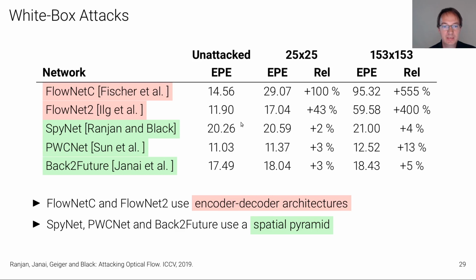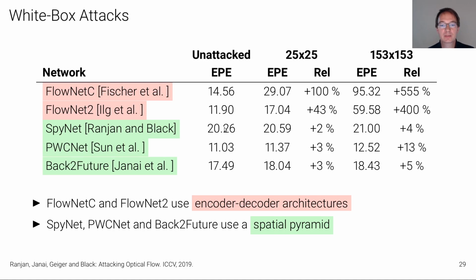But how well does the attack work? Here we see the quantitative results. We measure the accuracy of the optical flow algorithm by looking at the endpoint error. That is the error between the optical flow vectors on average.